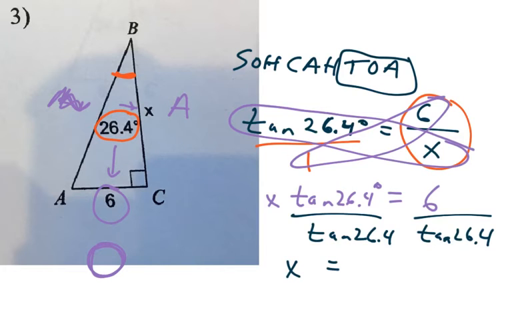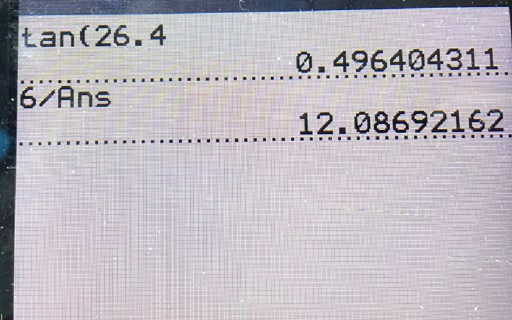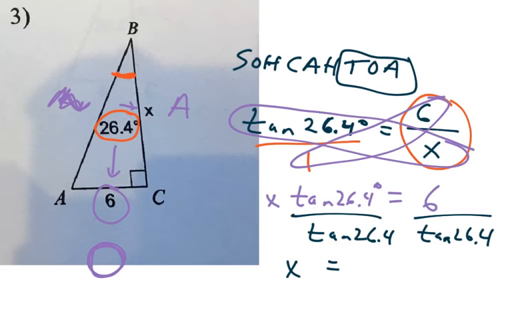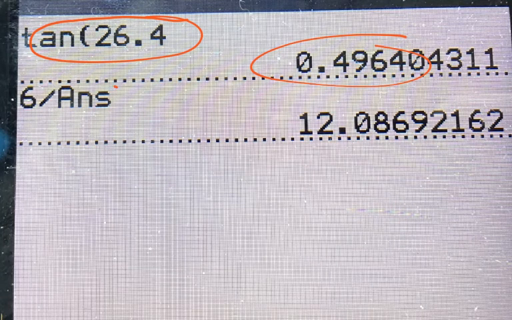So let's look at the calculator. Does everyone see I did the tangent of 26.4 degrees, 0.496 and so on. And then right here, notice I'm taking 6 divided by that tangent of 26.4. So I took 6 divided by our answer there, the tangent 26.4.